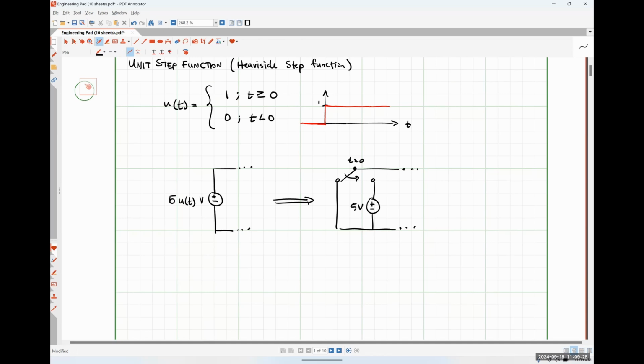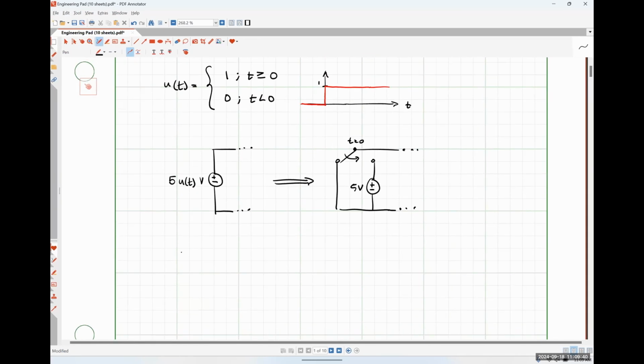So the unit step function, because it is a mathematical function, can be shifted in time, right? So if I had u of t minus 3, that might look something like this.